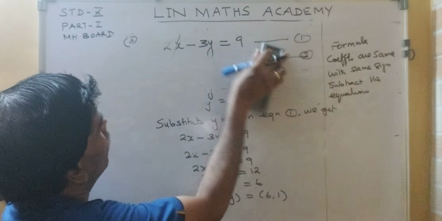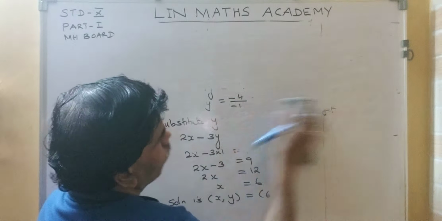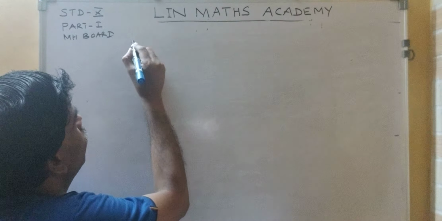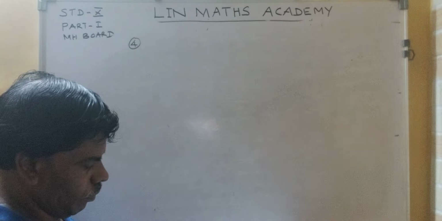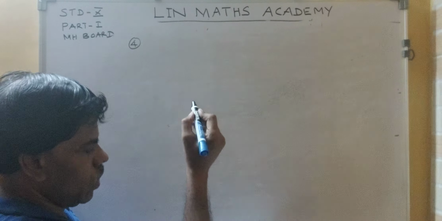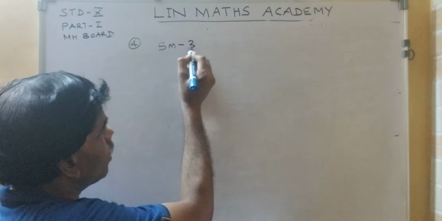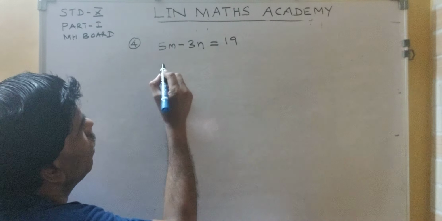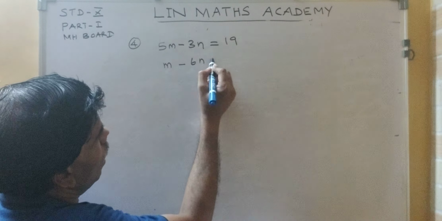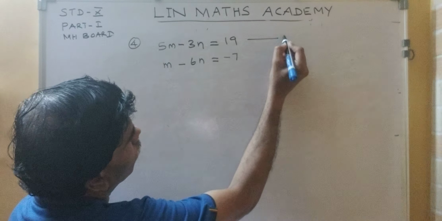Now next sum we will see. Next is sum number 4. Solve 5m minus 3n equal to 19, m minus 6n is equal to minus 7.